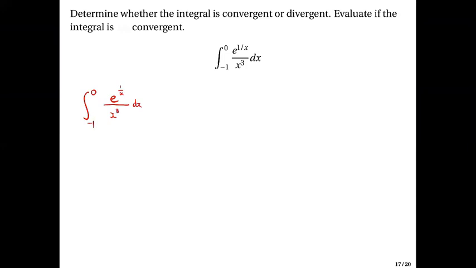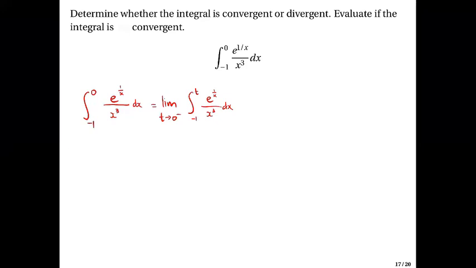And this is an improper integral. So we use the definition. We have the limit as t approaches 0 from the left, integral from -1 up to t, e raised to 1 over x divided by x cubed dx.